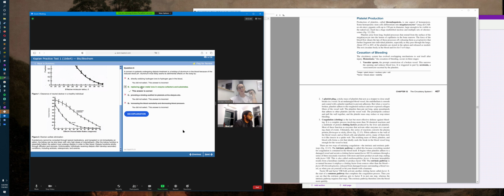Okay, so replacing other metal ions, how do we know this is true? Because it doesn't really talk about that in the passage. So, two ways. One, the way that we just did, where we made sure every single other choice is not true. But what's the second way, actually?